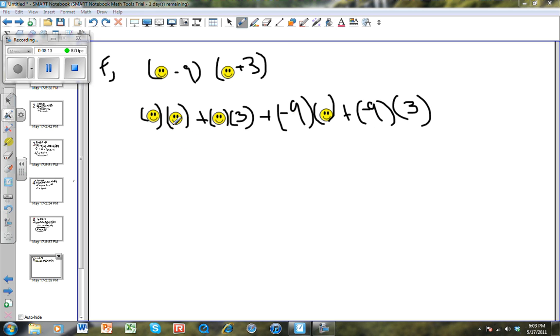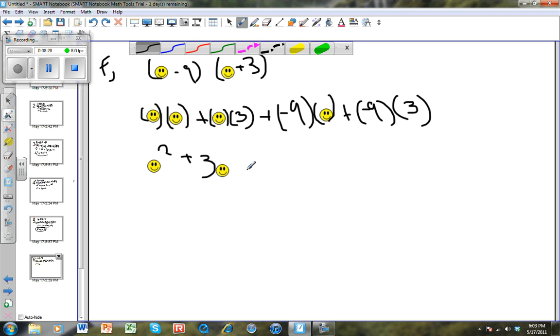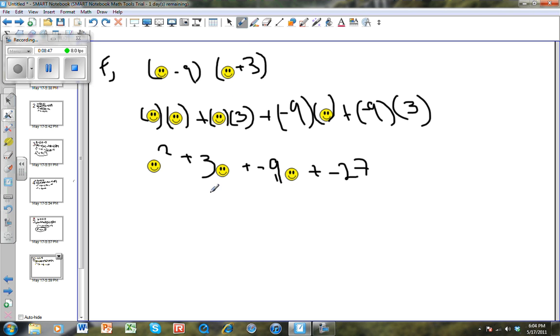So simplified, this is going to be smiley face squared plus 3 smiley face plus negative 9 smiley face plus negative 27. So we could simplify this further by adding these two again.